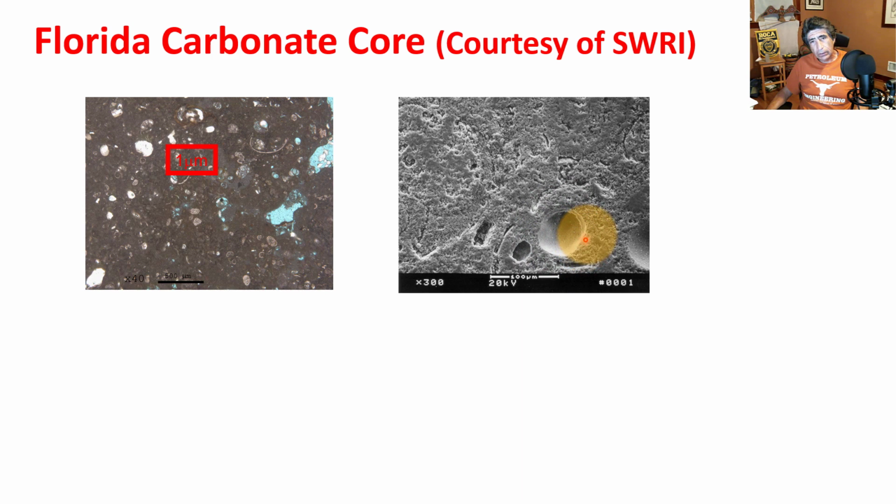We see now that we have a distribution of relatively large pores or medium-sized pores, but by and large what dominates over the rest of the rock is this distribution of relatively small pore sizes, which happen to be microporosity.